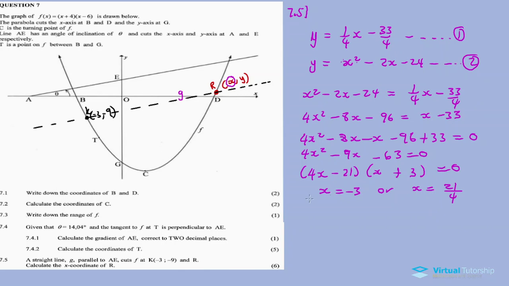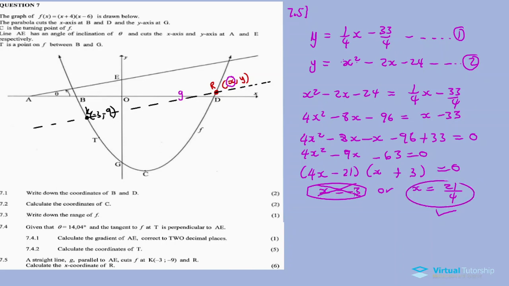21 over 4. Now take a look at this root. It cannot be our solution, since R is found in the first quadrant, and in the first quadrant our x value is positive, so our solution x equal to 21 over 4 is our solution.